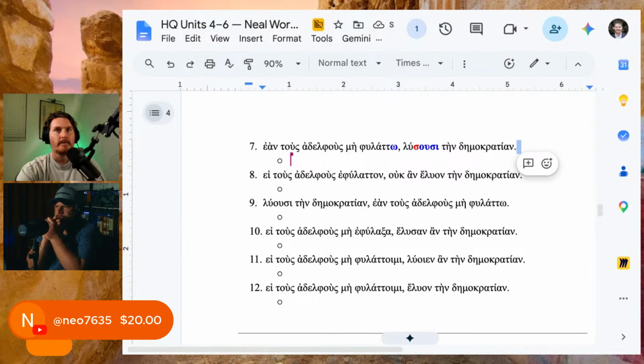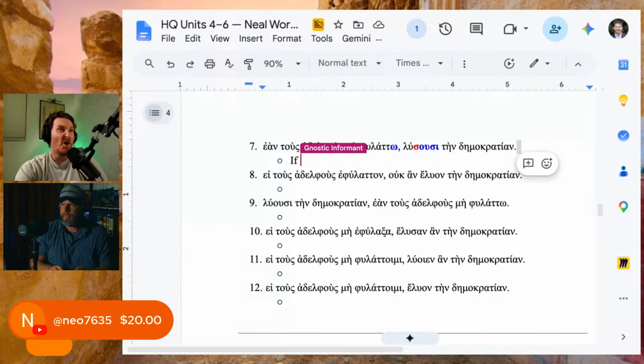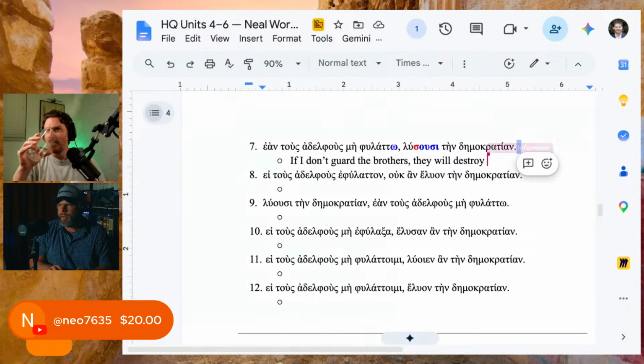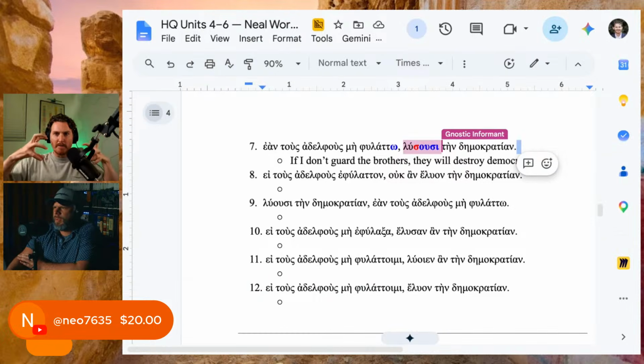So if I don't guard the brothers, they will destroy democracy. Yeah, they will dissolve or disband or destroy the democracy. They'll loosen it. They will dissolve. I don't know. I think you would say dissolve. But in this case, I think there's a sense of loosening something, like it's firm, shored up and firm, and I've seen this used for destroy a lot in texts.